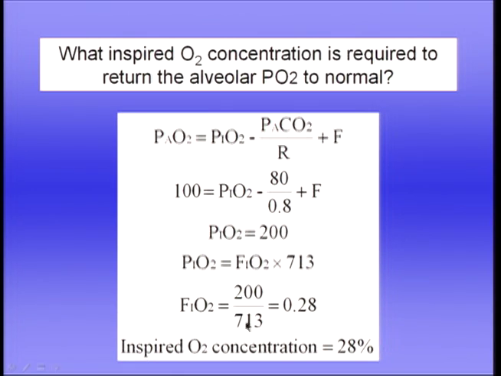FiO2 is PiO2 over 713, which comes out to 0.28. So the answer to the question is, if we give an inspired oxygen concentration of 28% instead of 21%, we can return the alveolar PO2 to the normal value of 100 in spite of the ventilation being reduced to half of its normal value. Now that's a very interesting finding, isn't it?